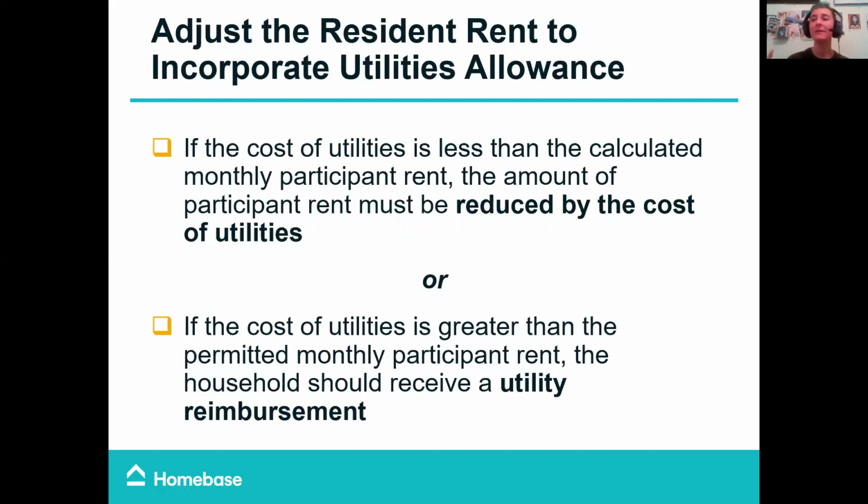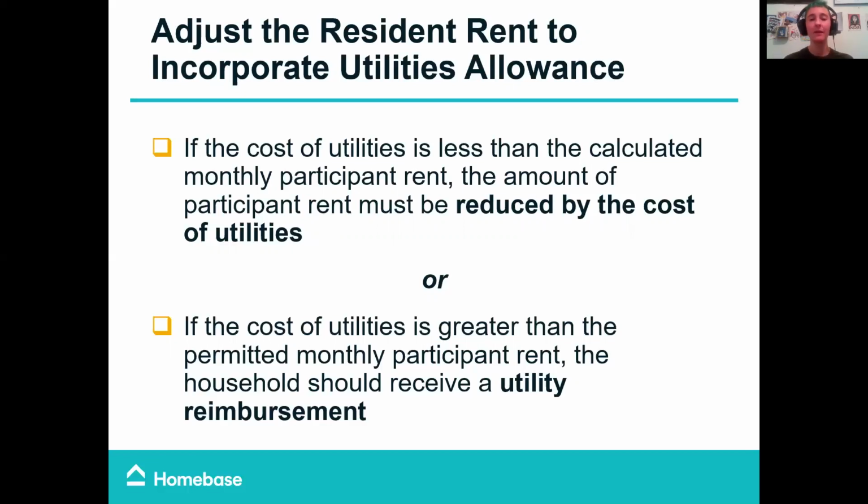So your client is supposed to be paying $200 in rent and they have a utility allowance of $50, then you just subtract that $50 from the $200 client rent portion, and now their client rent portion is $150. Pretty simple. That's just taking into account the fact that utility costs are housing costs, and so they really are paying still $200 of housing costs, 150 of it in a rent payment, and 50 of it as paying for these utilities.